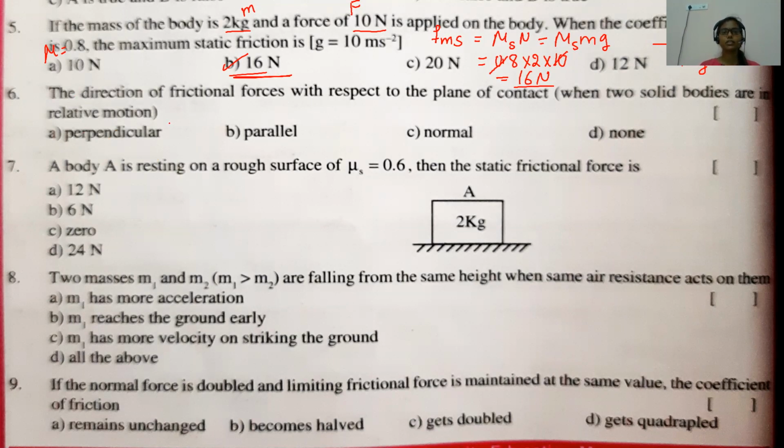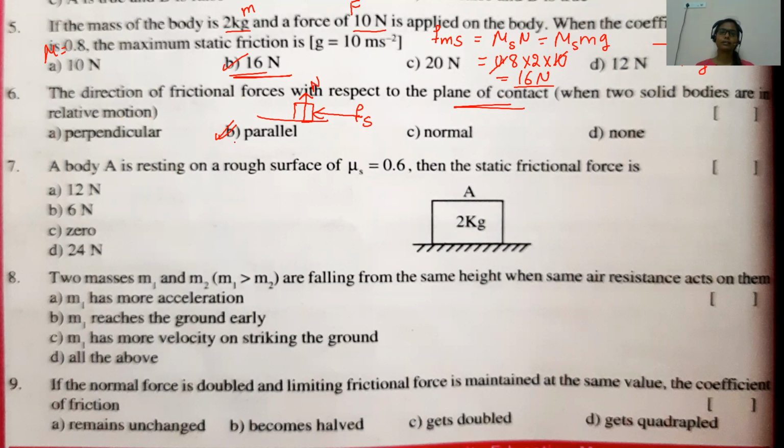Next question. The direction of frictional force with respect to the plane of contact when two bodies are in relative motion. The frictional force is a parallel component of force. It will always act parallel to the contact surface. Normal means it is always perpendicular, and friction is always parallel.